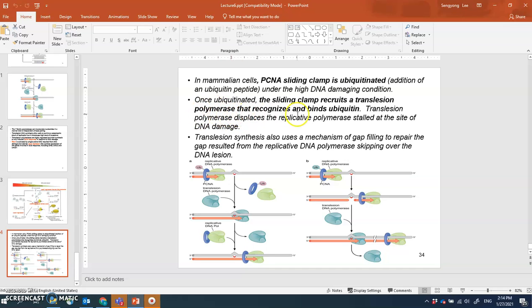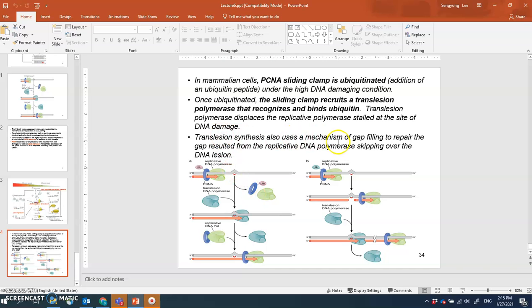They recognize the ubiquitinated ring. So when the PCNA ring is ubiquitinated, that recruits translesion DNA polymerase under the stressful condition, and that translesion polymerase will go through the damaged DNA and continue the replication. That's what it means.